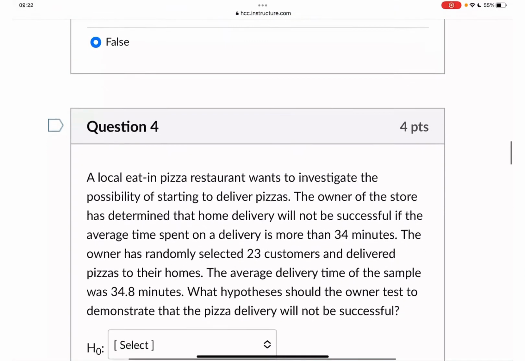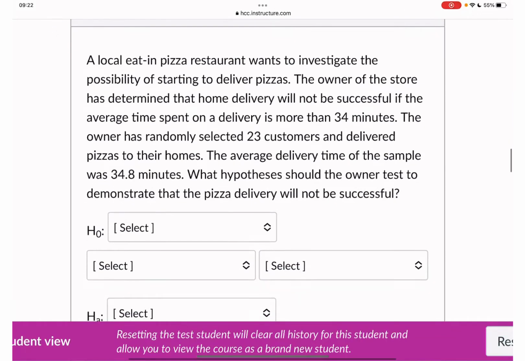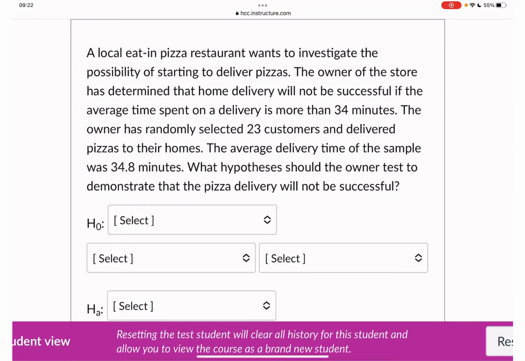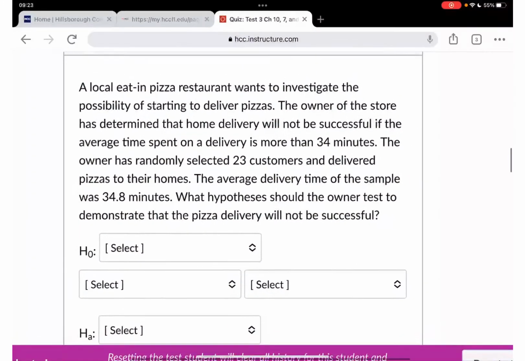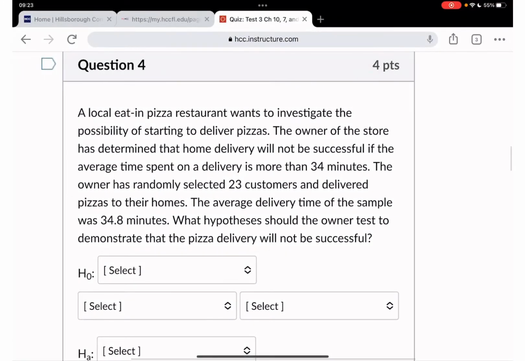Okay, question number 4. A local Eat Pizza restaurant wants to investigate the possibility of starting to deliver pizza. The owner of the store has determined that home delivery will not be successful if the average time spent on a delivery is more than 34 minutes.